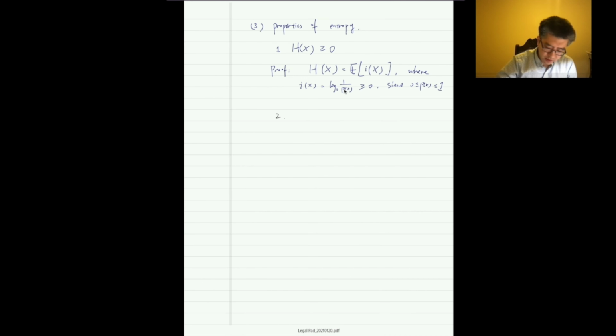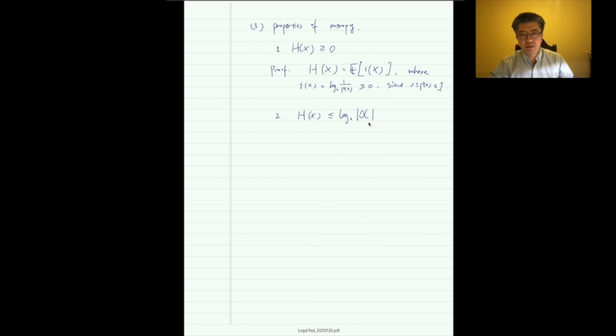This property is that H(X) is always less than or equal to log base 2 of the cardinality of the alphabet of X. Remember that this is the alphabet of the random variable X, the finite set of all the outcomes of the random variable X, and this bar means the cardinality.